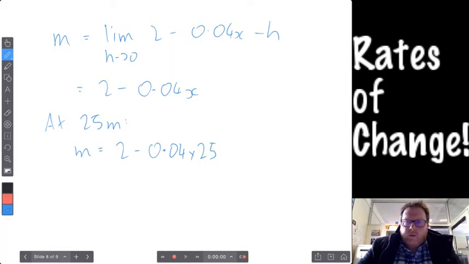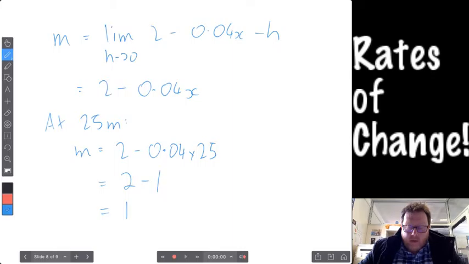So I'm doing this on my calculator. 0.04 times 25 is equal to 1. So that'll be 2 minus 1, which equals 1. So at 25 meters into the flight, the ball is moving 1 meter up in height for every meter across at that point, and that's why we call it an instantaneous rate of change.